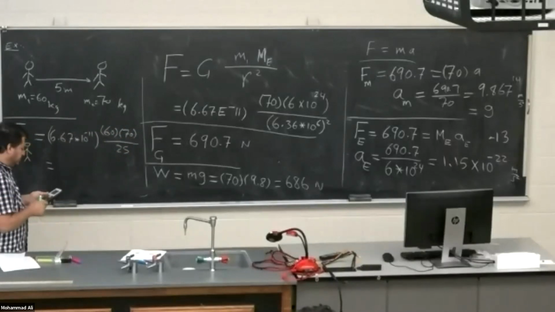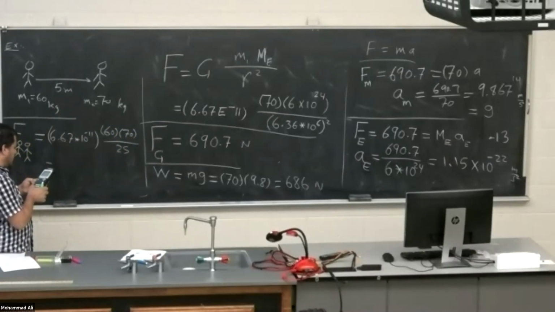I'll solve it now. 6.67 multiplied by 60, 70 over 5 squared.